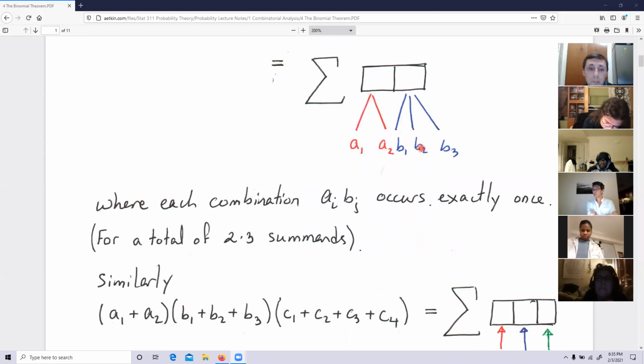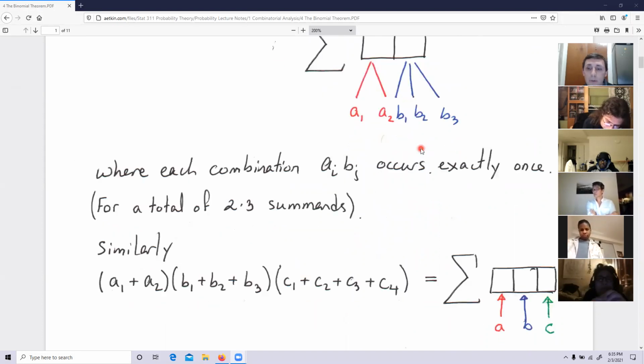Now, let's see if you can help me with this example, okay? So what happens if I have a bunch of A's in one parenthesis multiplied by a bunch of B's in this parenthesis multiplied by a bunch of C's in this parenthesis? You will hopefully see that every term that I'm adding is going to have one instance of A, one instance of B, and one instance of C. Yes?